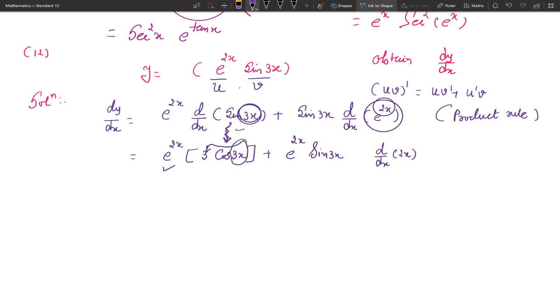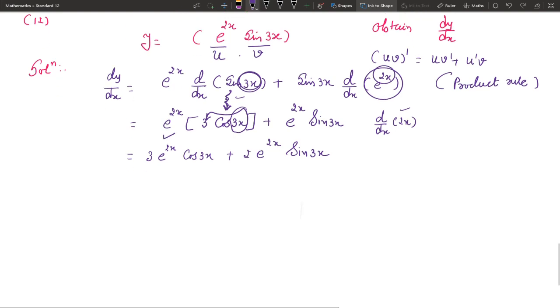So now final answer is 3 e raised to 2x cos 3x plus 2 e raised to 2x sin 3x. So this is derivative of e raised to 2x into sin 3x. So we have used product rule and chain rule in this one.